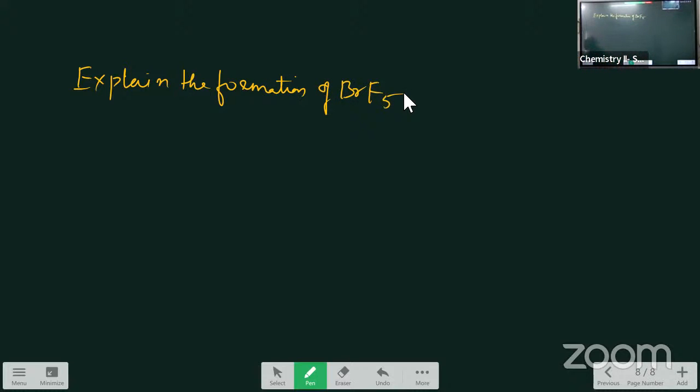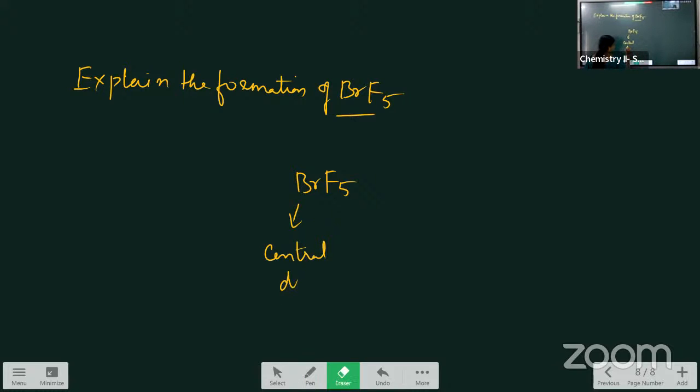Now, in bromine pentafluoride, BrF5, this bromine is called the central atom. What is bromine called? It is called the central atom. Now, the fluorines are called the surrounding atoms.